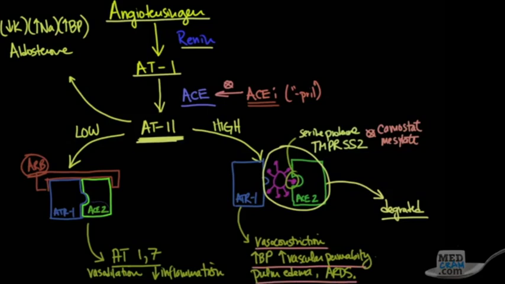That's exactly what we don't like to see in these situations in viral pneumonia. However, if there are low levels of angiotensin 2, then what we see is that it gets metabolized by ACE-2, and that gets converted into a vasodilator called angiotensin 1,7.